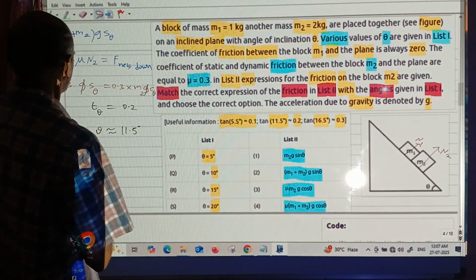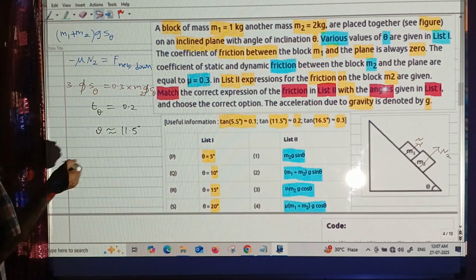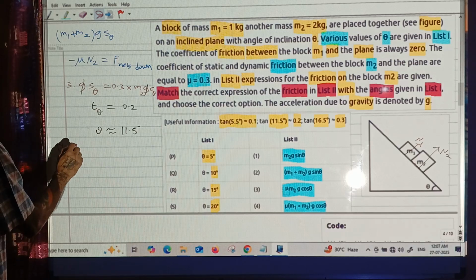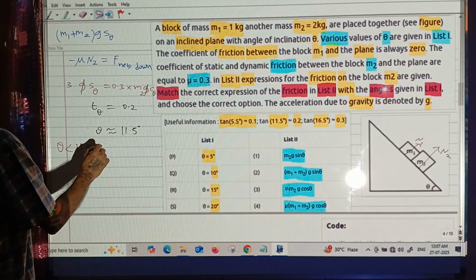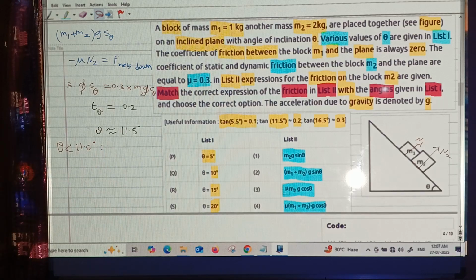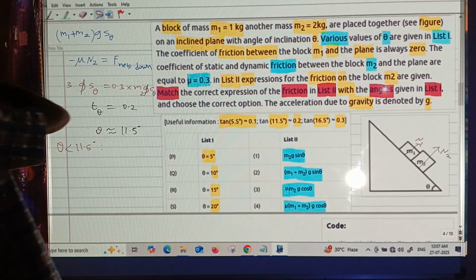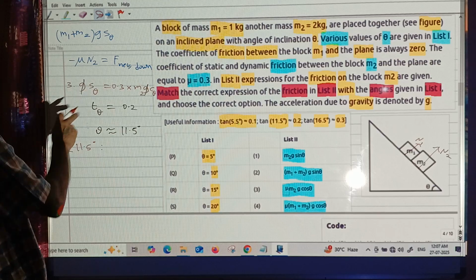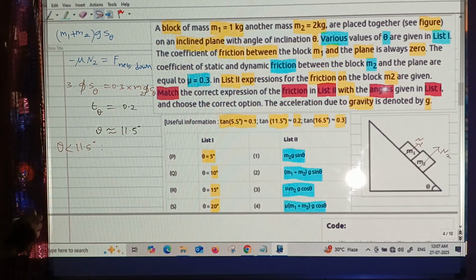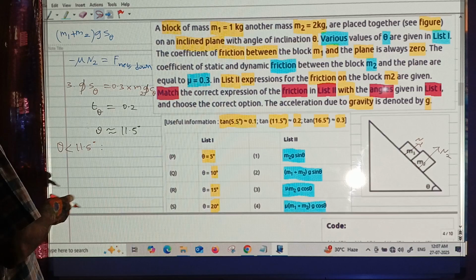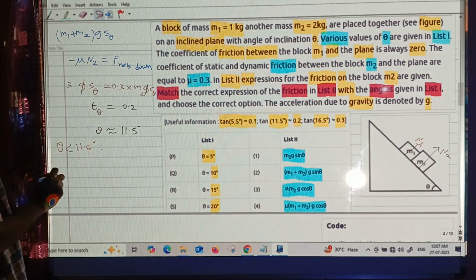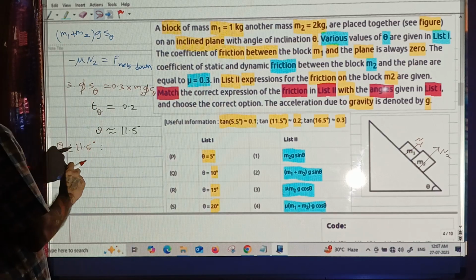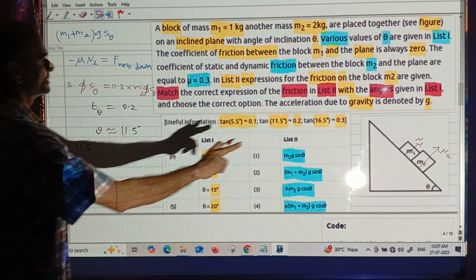So for theta less than 11.5 degrees, the weight component will be less, so in this case it will not move.